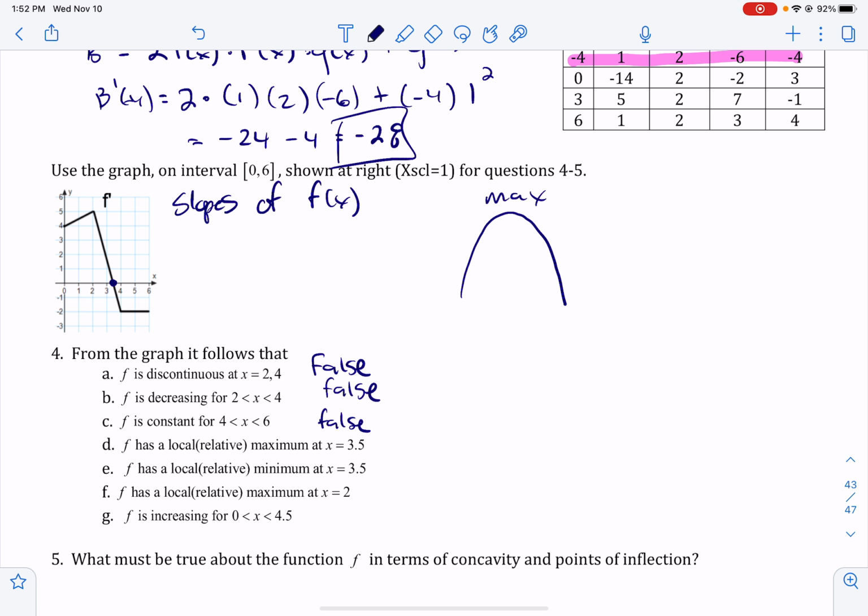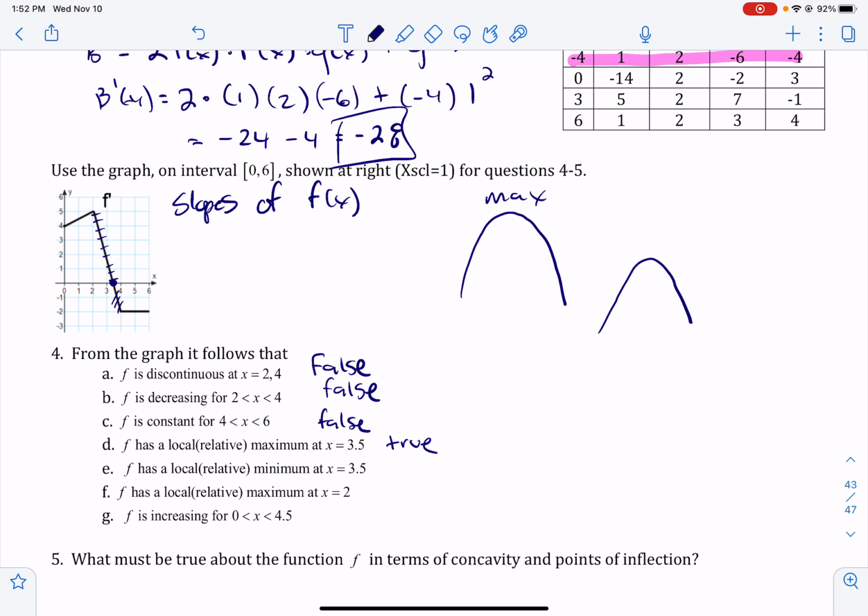That's what gives me a maximum. So if I look at my graph here, my slope is positive until I get to 3.5, and then it's negative. So I would say that is true. I do have a relative maximum.